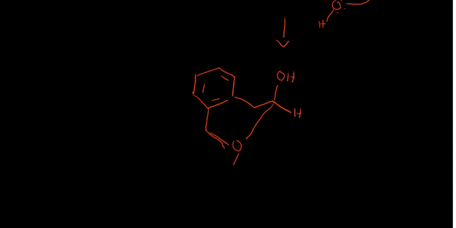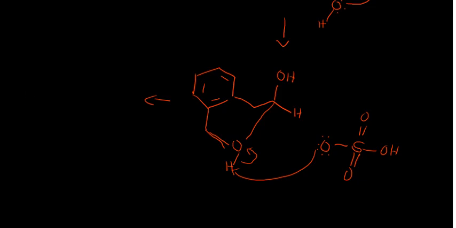Remember we used sulfuric acid. The remaining of sulfuric acid was looking like this, with lone pairs of oxygen. So these came to get the hydrogen and the electrons on the oxygen. Then the final product will be this.